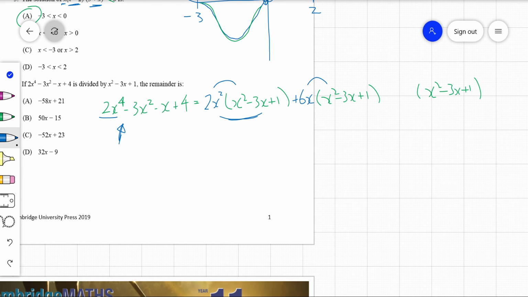Now from this beginning one, the next thing I'm interested in is the squares, and I want negative 3x squared. At the moment I've got 2x squared, and this will give me a negative 18x squared. I've got a 2x squared, negative 18x squared, and what do I want? I want a negative 3x squared.